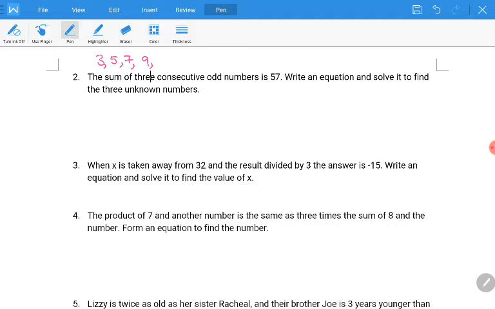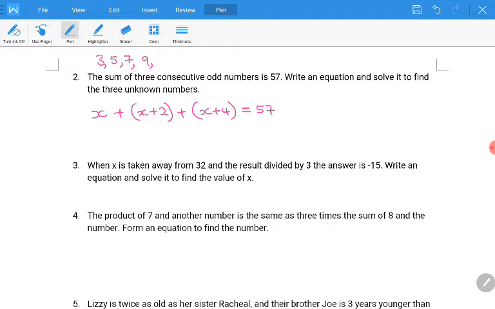So here we don't know the first odd number, so we are going to call it x. Then the second odd number is x plus 2, and the next one is x plus 4. This is supposed to give us 57.